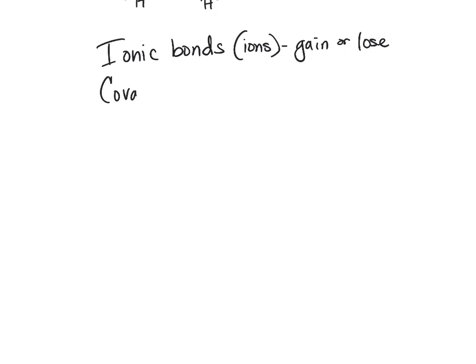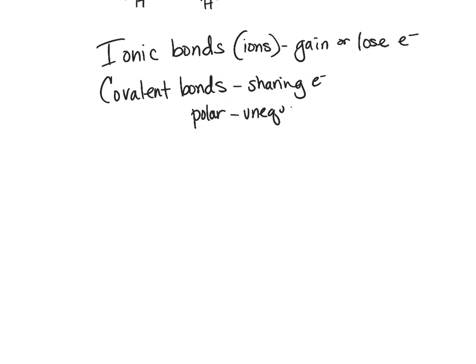Then we have our covalent bonds. Our covalent bonds are a sharing of electrons. And in the sharing, we can have our polar covalent bonds, where they share unequally, or nonpolar, where they share them equally.